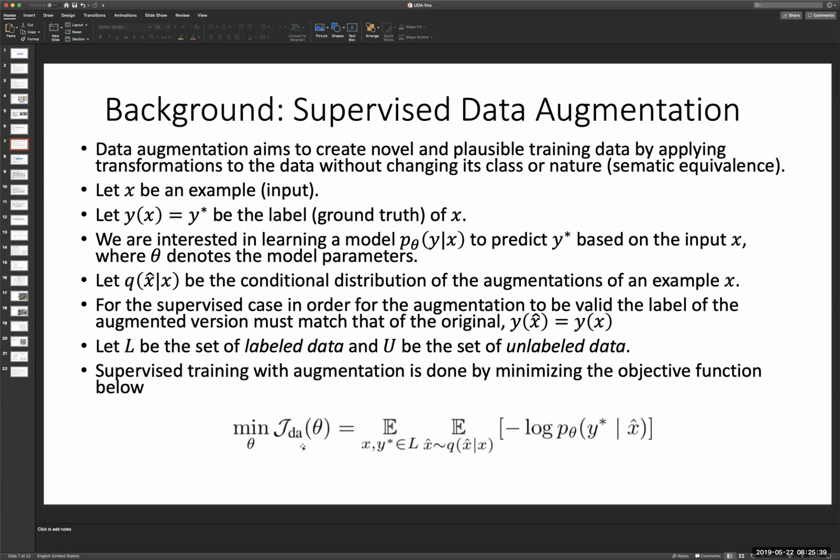So we can essentially learn by finding the theta that minimizes this objective function. So that's the machine learning aspect of this. And DA stands for data augmentation. And again, theta are the parameters of the model, which in the case of the neural network that we're going to implement this with is going to be weights and biases.